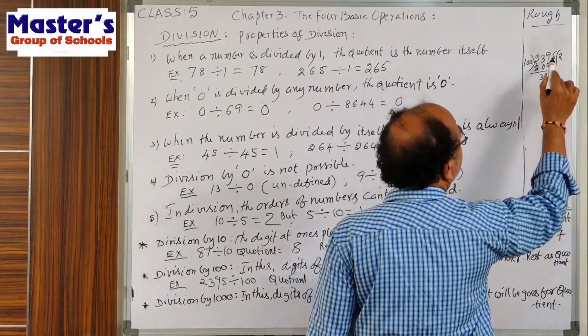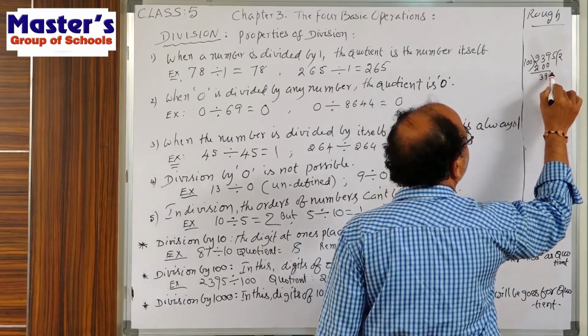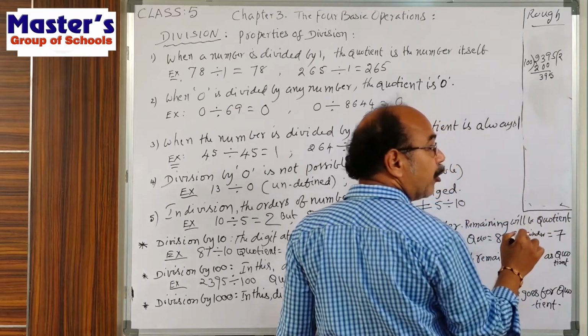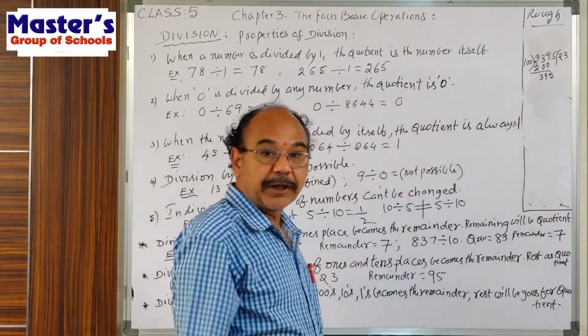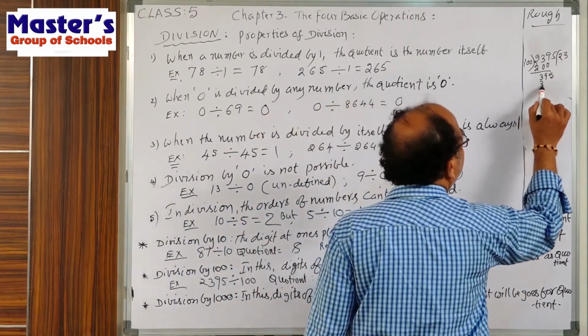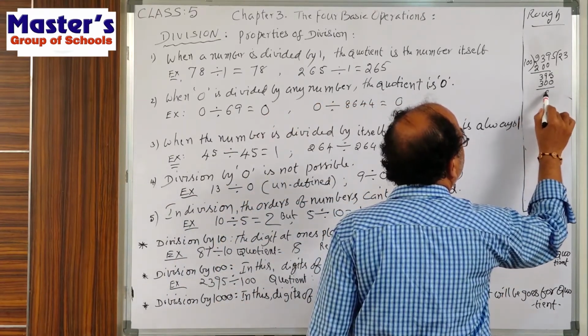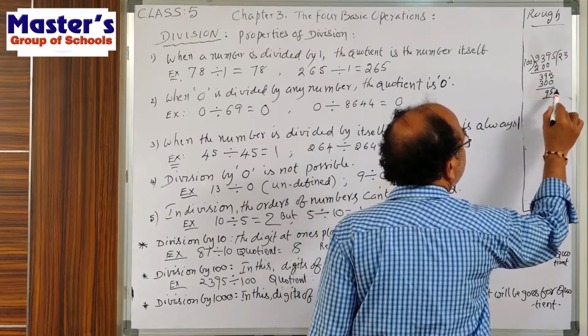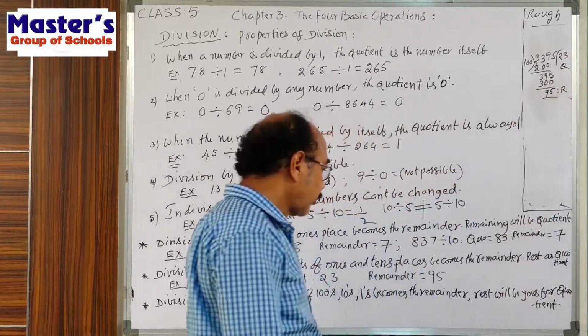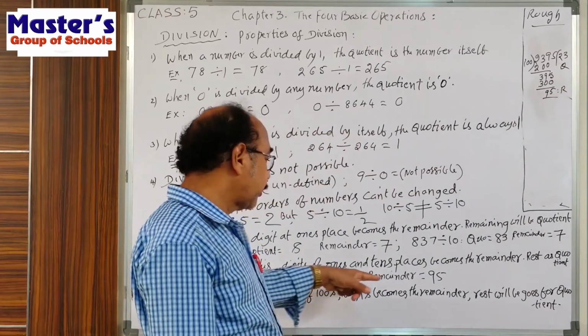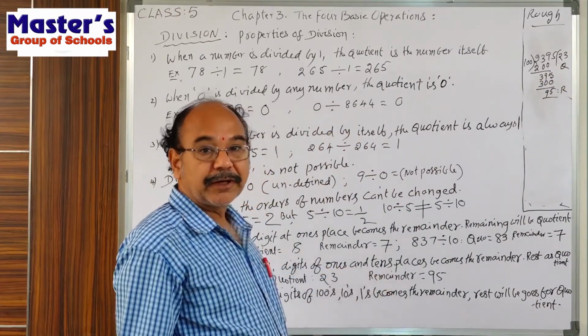Now bring down 5. Now how many times? 3 times, 300. What is the remainder, children? 95. This is the remainder. So 23 is the quotient and the remainder is 95.